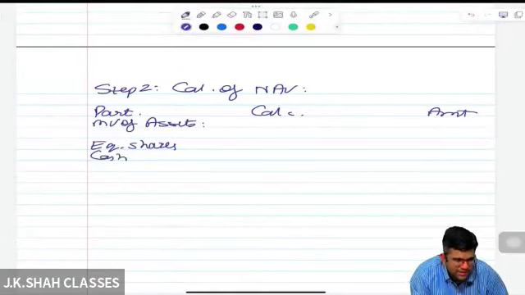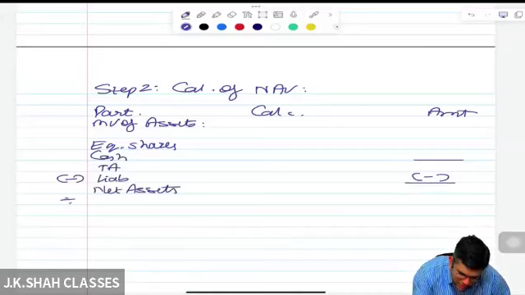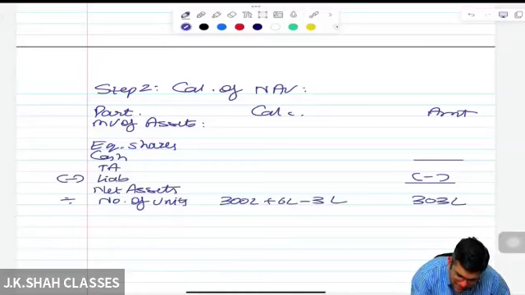There is no other asset in the question. So this gives you the total assets minus the liabilities. There are no liabilities here. That gives you your net assets, and you divide this by the number of units. Number of units will be 300 lakh plus 6 lakh minus 3 lakh, 303 lakh, and that will give you NAV. This is your final answer.